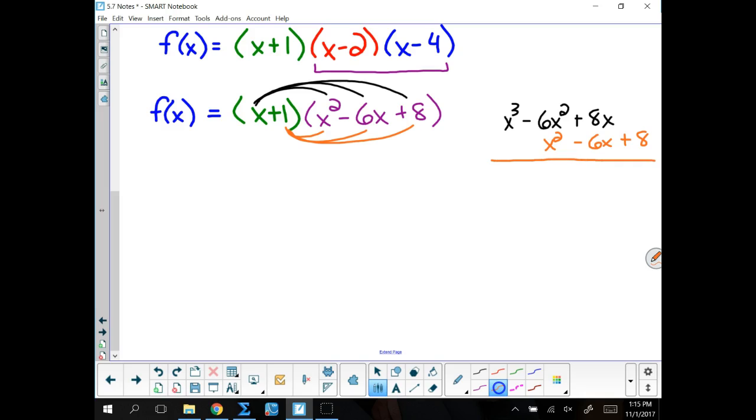And then I do what with those two? Add them together. So my polynomial function is what? X cubed minus 5x squared plus 2x plus 8.